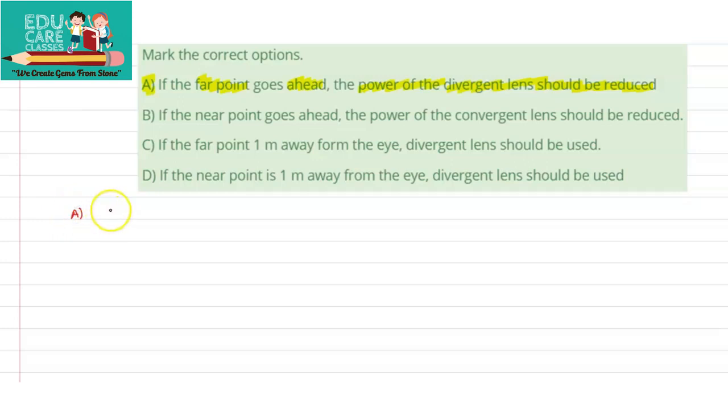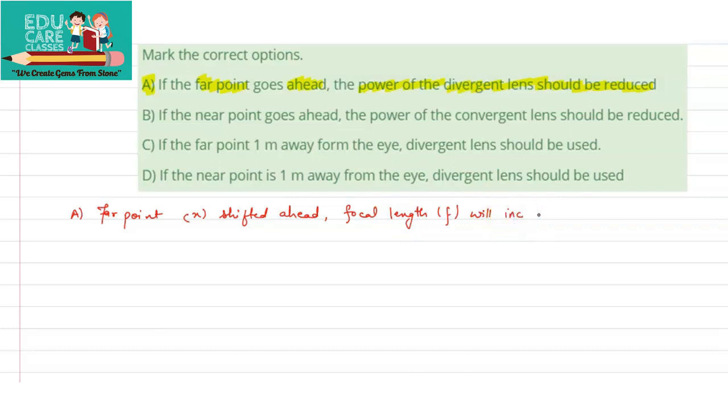Let us say the far point is shifted ahead. If the far point is shifted ahead, then what will happen? The focal length will increase.